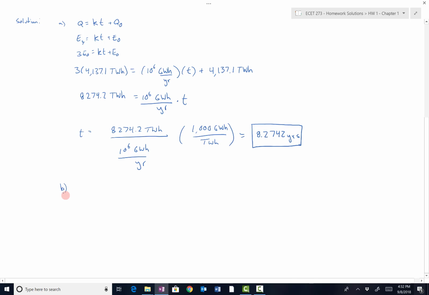In B, we were asked to apply the exponential model.